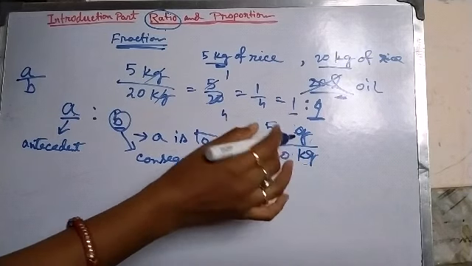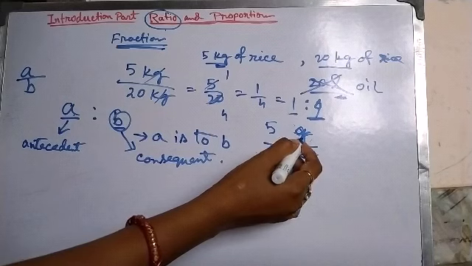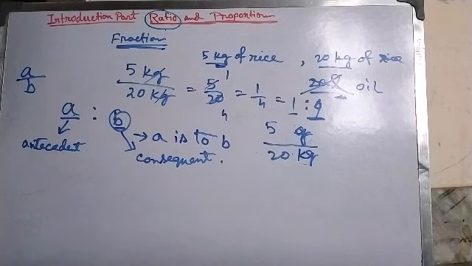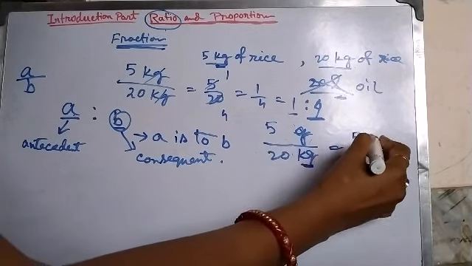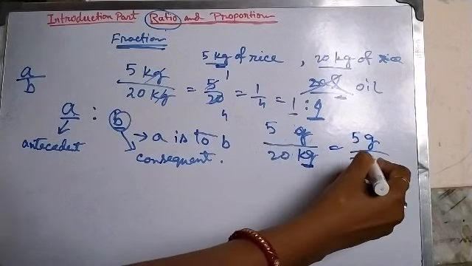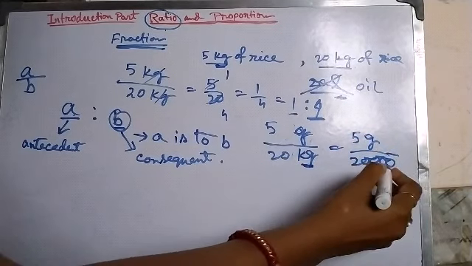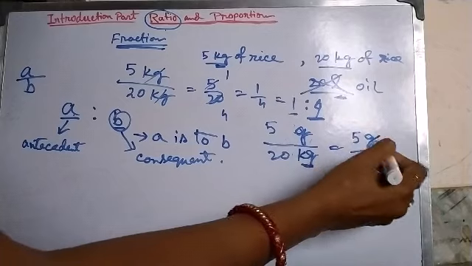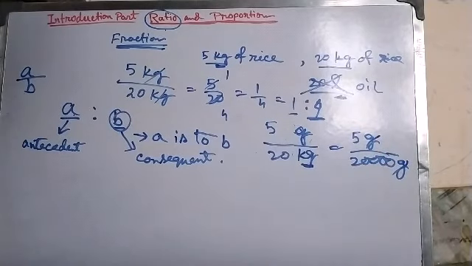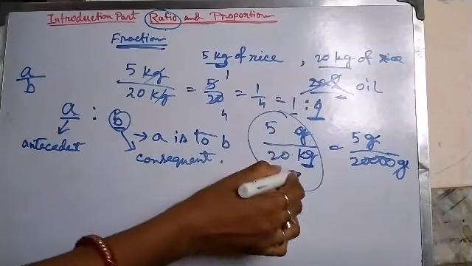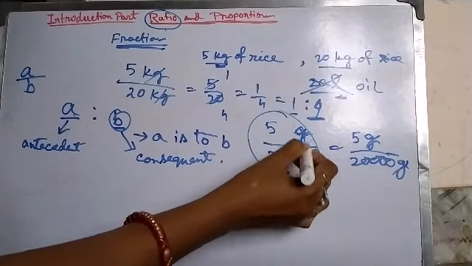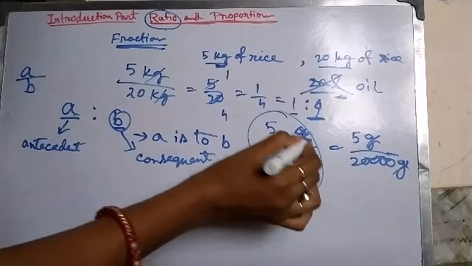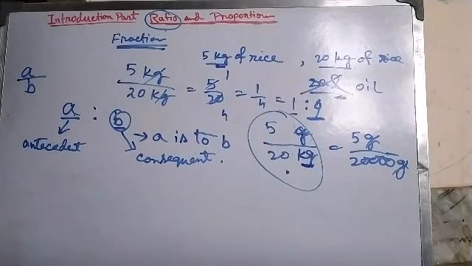That means in fractional form also it can be written, because kg and gram both are units of weight. So we can make them the same unit. That means 5 gram and 20 kg means 20,000 gram. Now we can cancel the unit. Both units have to be made the same.